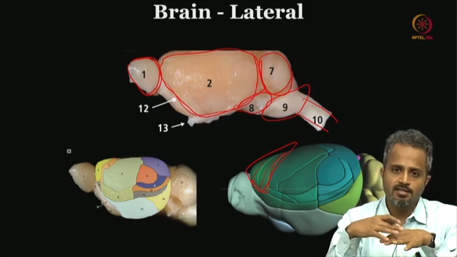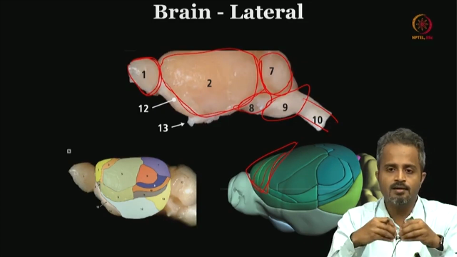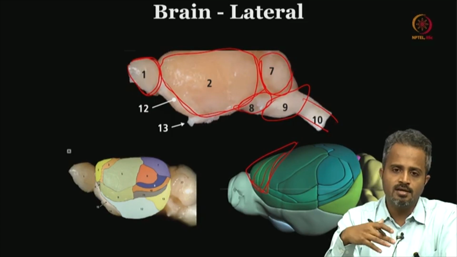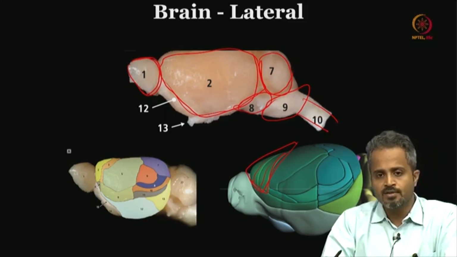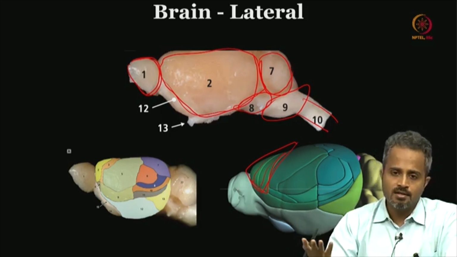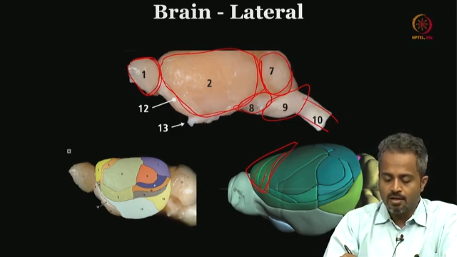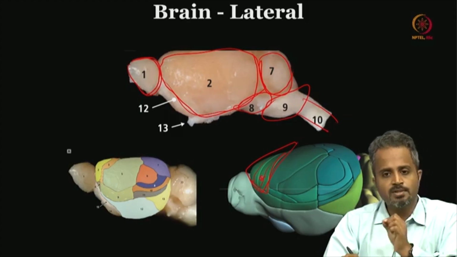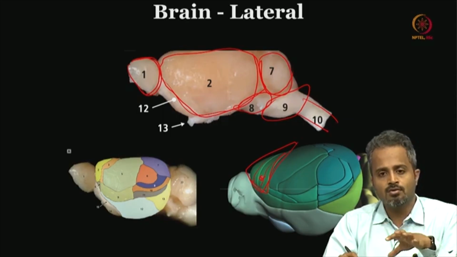Of course, the age and weight of the rat should also match, for a simple reason: you are depending entirely on coordinates, and coordinates are generated by taking serial sections and putting a reference atlas, as I showed, and that reference grid is your coordinates. So, when you take coordinates from the literature and use them for your experiment, it is very vital that you stick to them, so that you identify the motor area which is very specific for the action of the forelimb or the forepaw of the rodent.